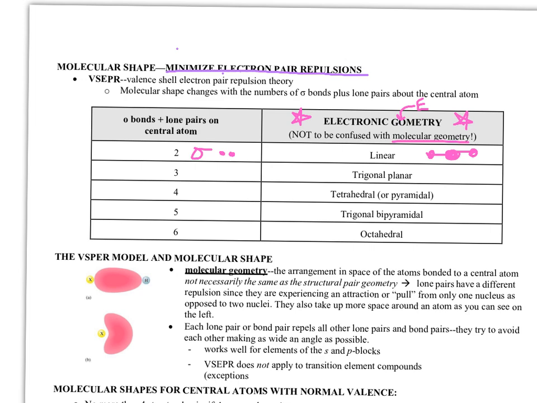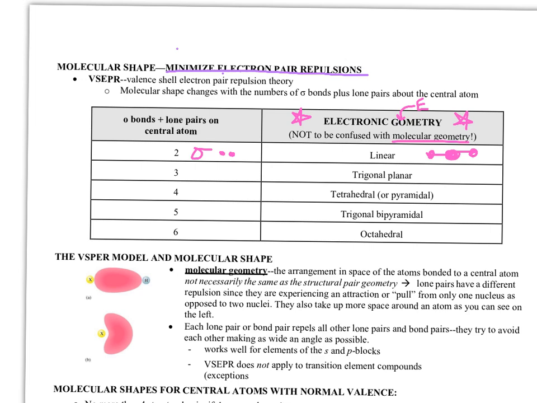That's going to be linear. Things like beryllium, which is an exception to the octet rule and doesn't get any extra bonds, just has the two sigma bonds, so that would be considered linear. We can also have CO2, which has two double bonds, one on each side. We're only looking at those sigma bond connections, and since it just has the sigma bonds, that makes it linear as well.